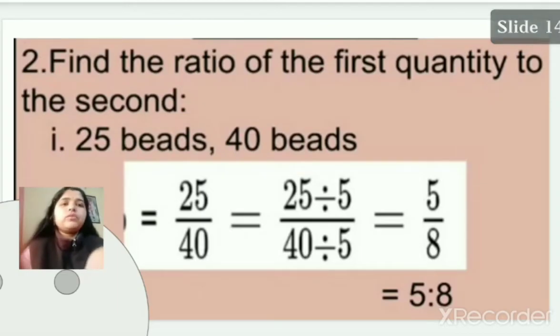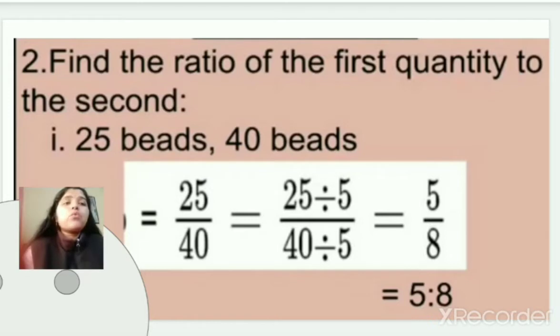Now moving to the next question, we have to find the ratio of the first quantity to the second. We have 25 beats, 40 beats. So the ratio of the first quantity to the second is 25 by 40.